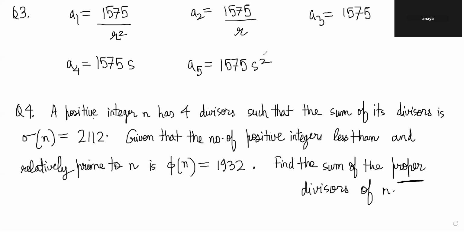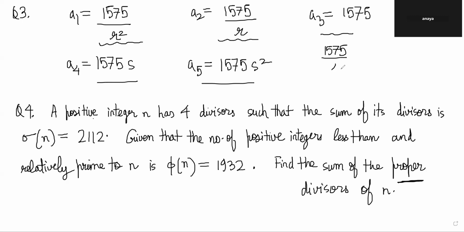The geometric sequences can be said to have common ratios R and S: R for the first one, S for the second one. If that is the case, this is the way they should be, right? Now you can use the arithmetic sequence result. A1, A3, A5 are in arithmetic sequence, so A1 plus A5 should be twice A3, right?